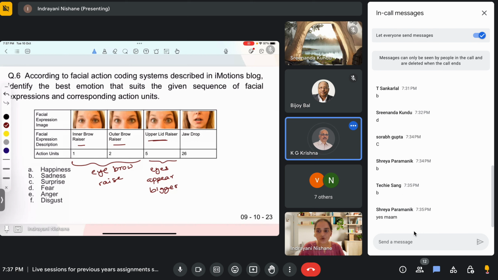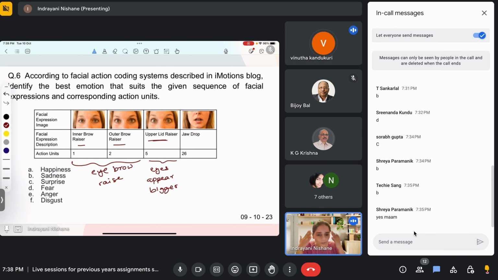Yeah, so now when we are scared, do we raise our eyebrows always? Shreya is saying it would be B, sadness. Yeah, so when we are sad or not really happy, do we raise our eyebrows, or is there a droop in the eyelids?